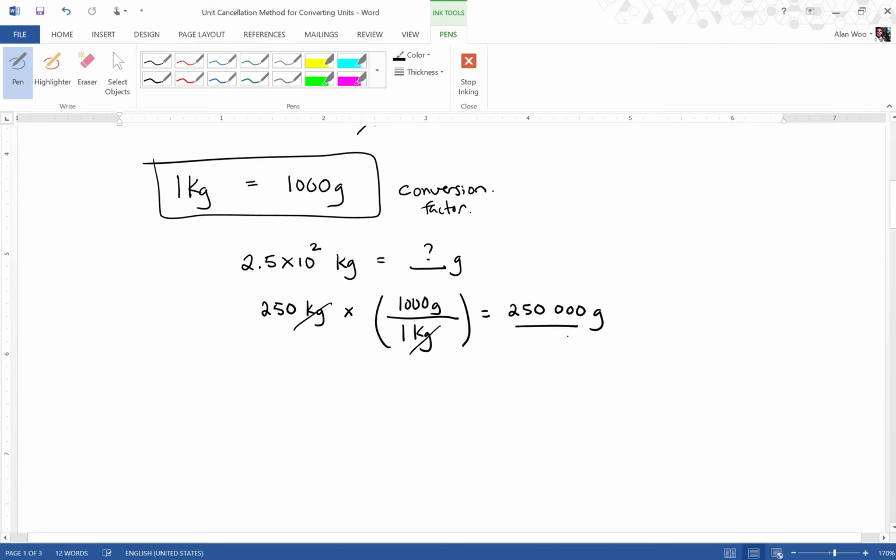So kilograms to grams, grams to kilograms, we still use the same conversion factor. You just have to remember to set up your conversion factor so that you cancel out the unit that you don't want, and you keep the unit that you desire at the top. All right, if you click to the next video, I will show you how to punch in scientific notation properly into your calculator.